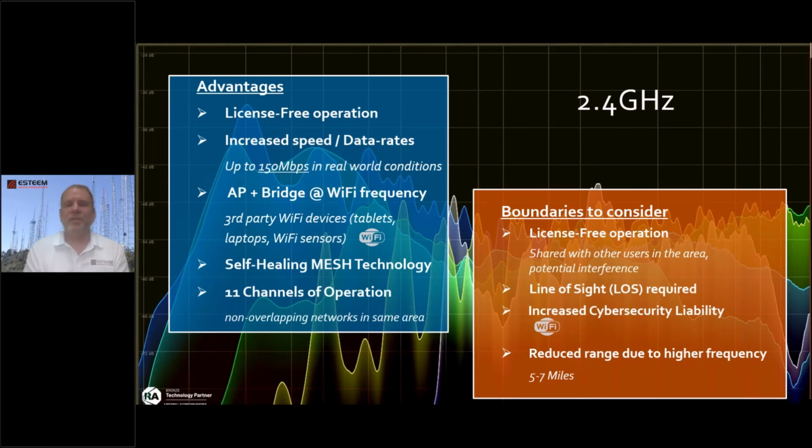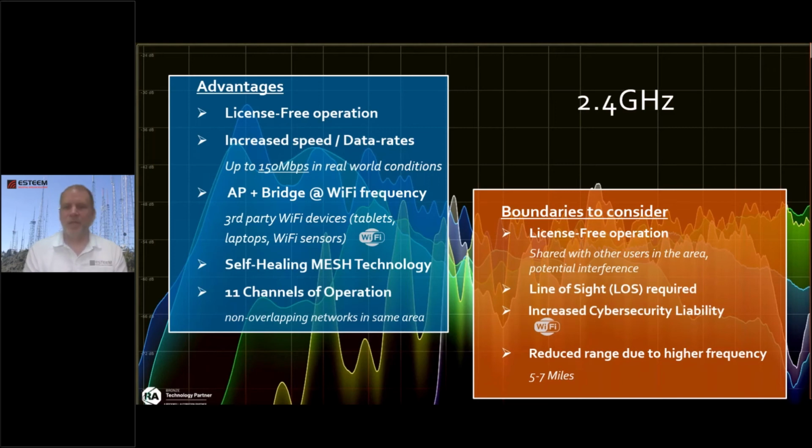We also have 11 different channels to choose from, so we can have multiple non-overlapping networks in the same area. Again, because it is license-free, there are going to be other users in there, so the 2.4 gives us additional space to try and coexist.